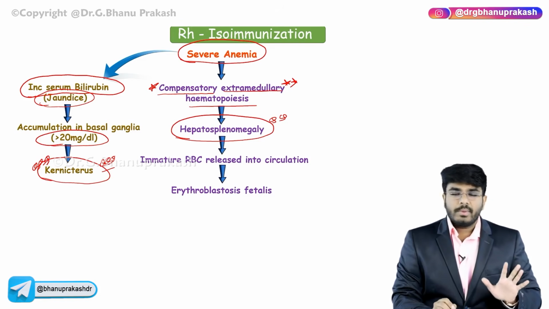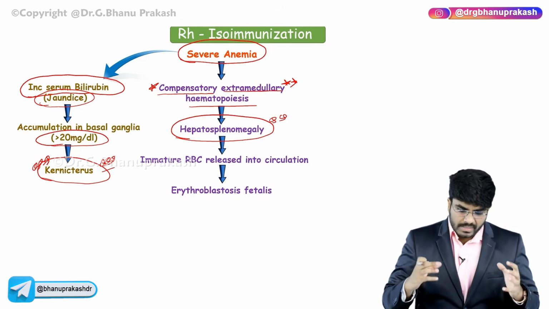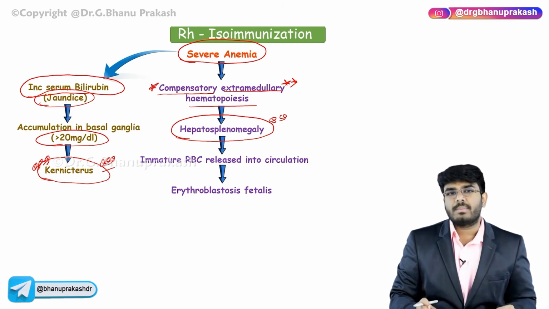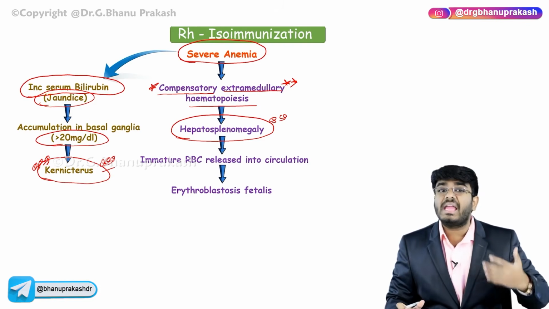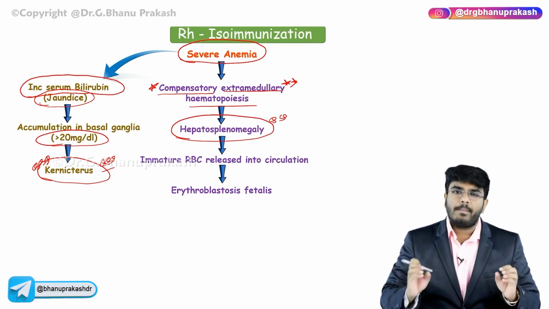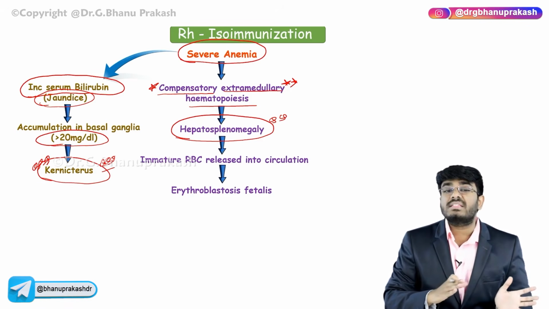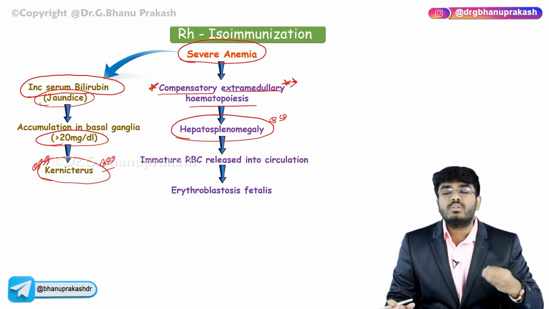Now, let me ask you one thing. There is so much demand for the RBCs, and the baby's body is trying to compensate at any cost. So, during this rush, high demand period, the liver and the spleen are making RBCs at a very fast pace, and they are even releasing immature RBCs into the circulation.